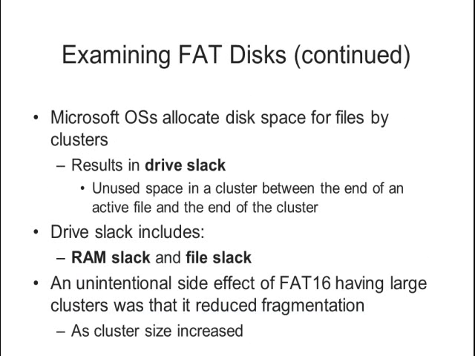Microsoft's operating systems allocate space for files by clusters. This practice results in drive slack, which is composed of the unused space in a cluster between the end of an active file and the end of the cluster. Drive slack includes RAM slack and file slack.